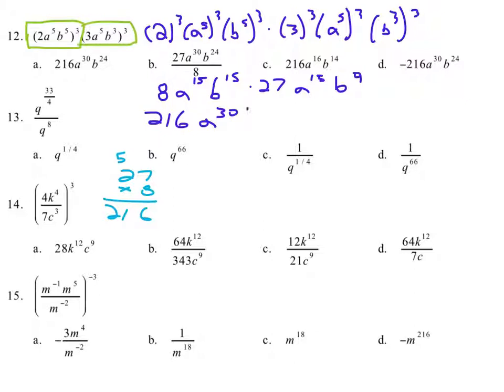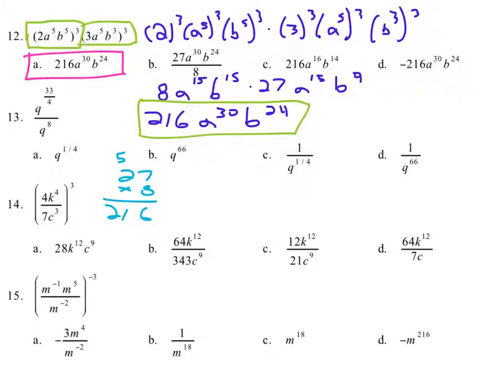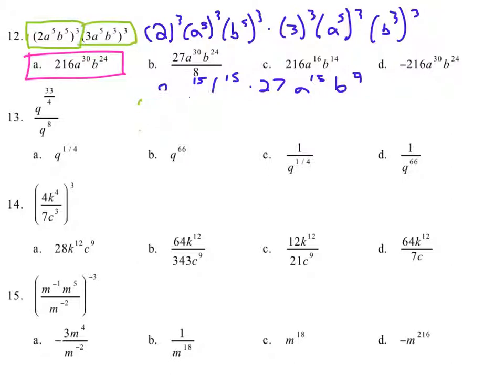And we multiply b to the 15th times b to the 9th, and we get b to the 24th. And if we then look for that expression, we find that in answer A. Okay? So I'm going to erase all this just because we need the space to do the rest of these problems.